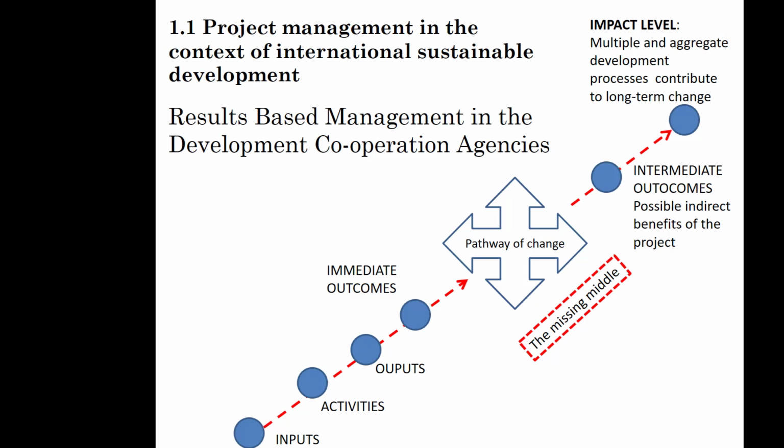The results-based management and log frame approach, as they are currently used and were used in the past, kind of hide what we call the missing middle. There is no clear understanding how change unfolds from the outputs to the outcomes, how the immediate outcomes of a project influence changes at other levels to influence outcomes and impacts in the longer term.